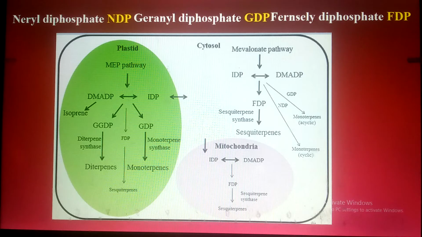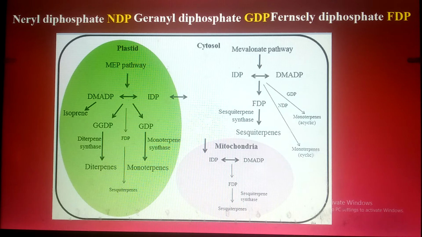I will not give you the detail, but a little bit of information about the biosynthesis, and I will provide the research article belonging to this lecture, and you will read from that article in detail.